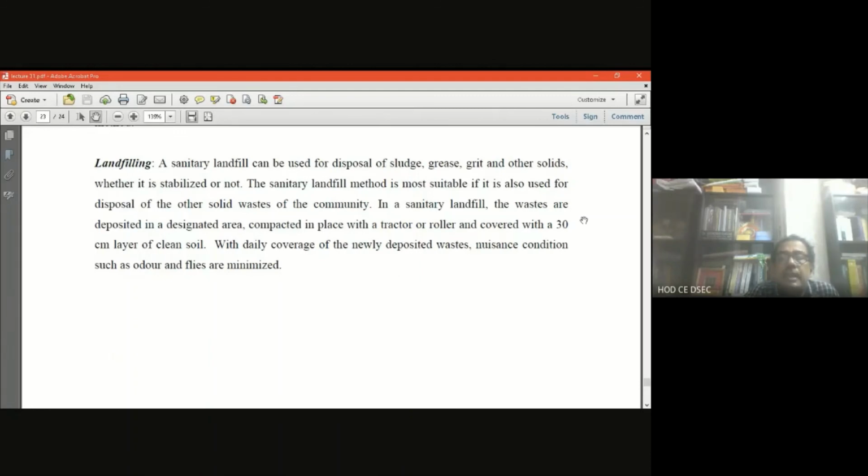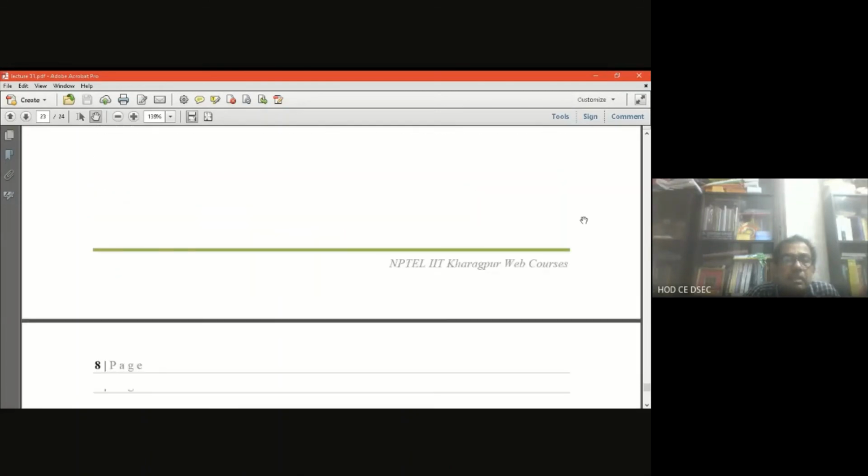In a sanitary landfill, the waste is deposited in a designated area, compacted in place with a tractor or roller, and covered with a 30 centimeter layer of clean soil. With daily coverage of the newly deposited waste, nuisance conditions such as odor and flies are minimized.